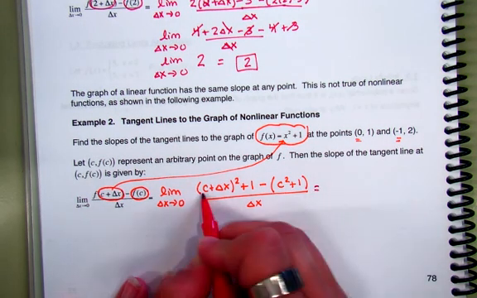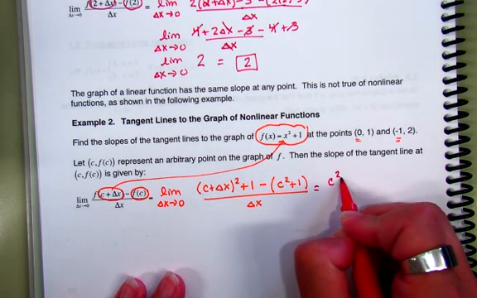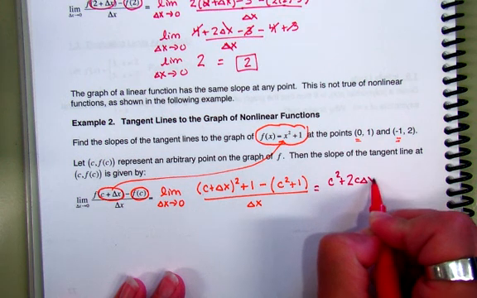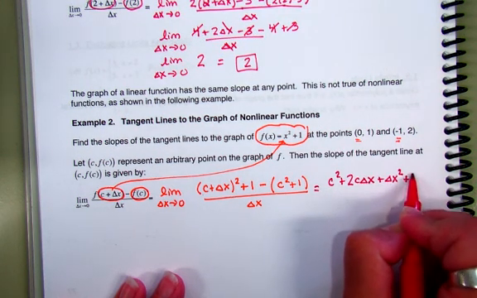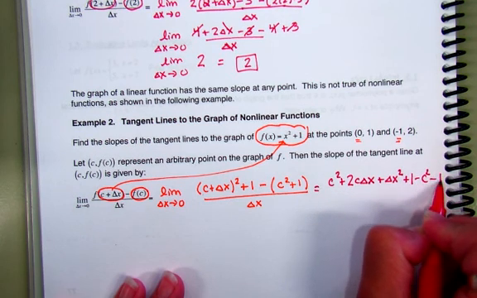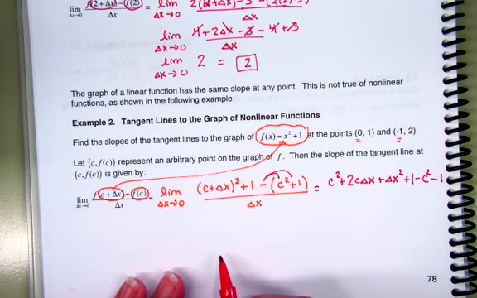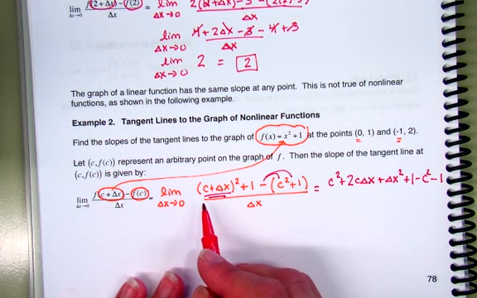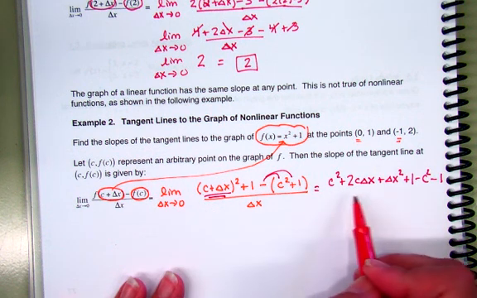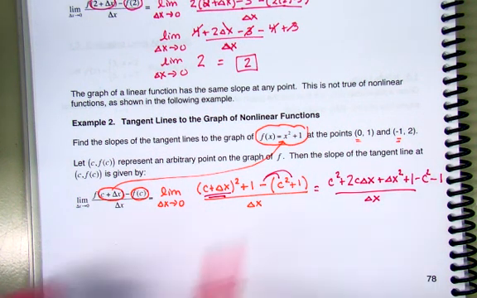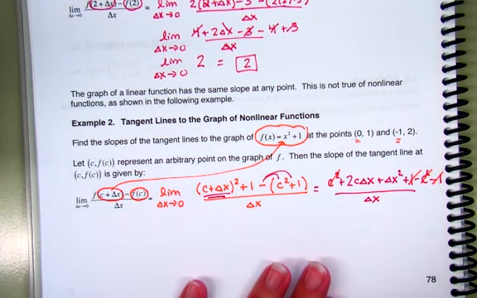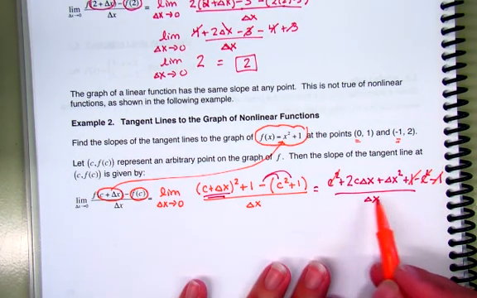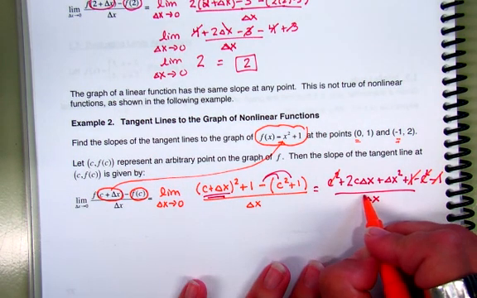So (c plus delta x) squared is just c squared plus 2c delta x plus delta x squared, plus 1 minus c squared minus 1. I just FOILed this out, all over delta x. Cancel, cancel, cancel, cancel. And then the delta x's all cancel out as well, right? That's kind of our goal, to get rid of that delta x on the bottom.